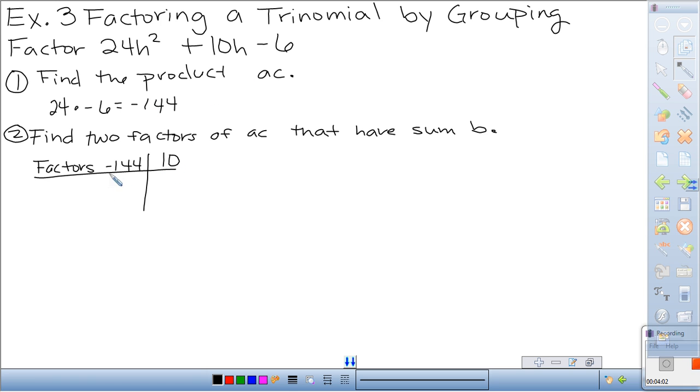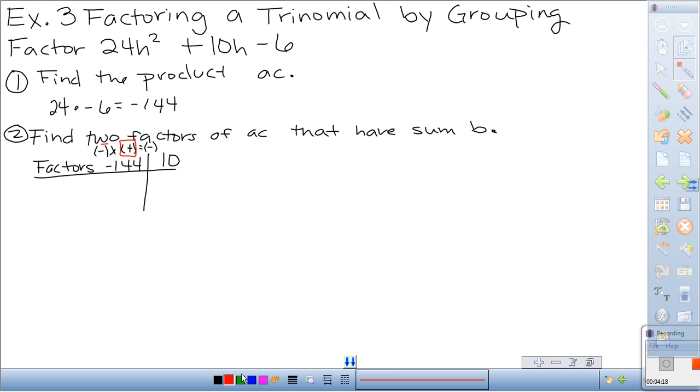Okay, well I know if I'm going to get a negative number, I need to multiply a negative times a positive. That'll give me a negative. But then if I want them to add to give me a positive number, then we need to make sure that our positive number is bigger, so that we have a greater chance of ending up with a positive 10.